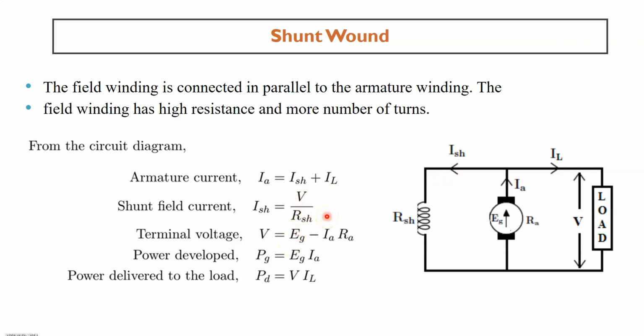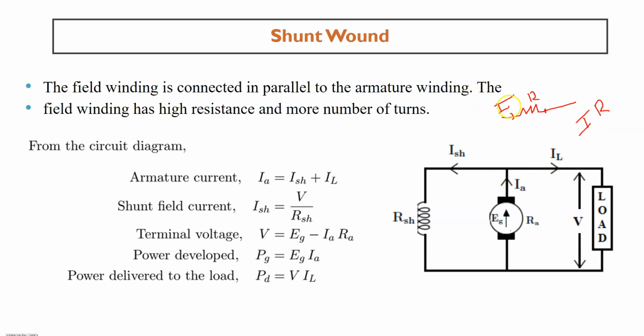From this equation we can find the value of current ISH. We know that when a current I flows through a resistance R, the voltage drop across the resistance will be I into R. Remember this.